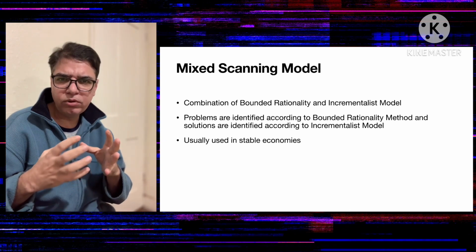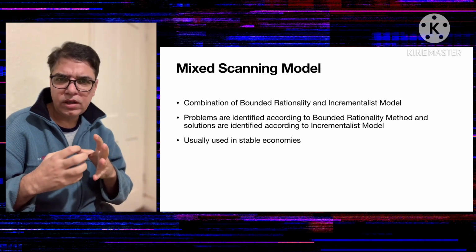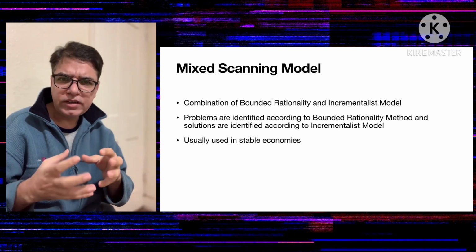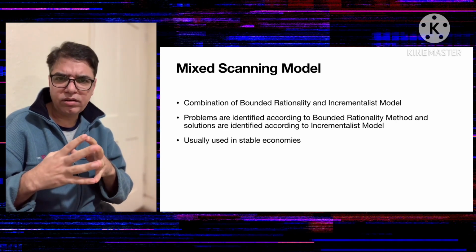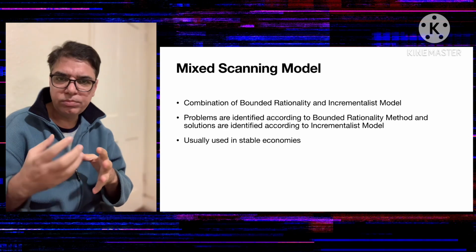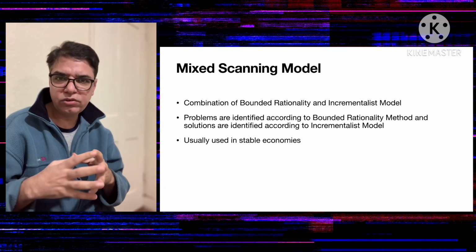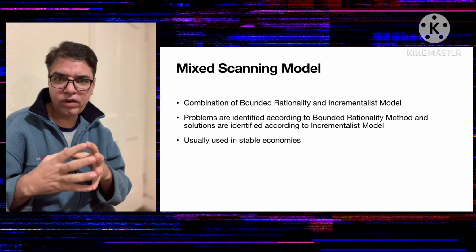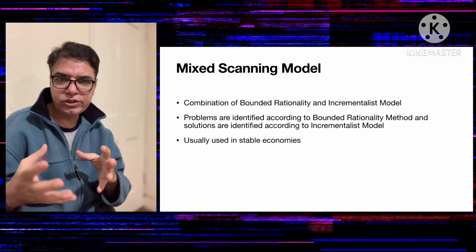There you would see that policy making is more of a research-based process, where research is done into the policy domains. There are think tanks who work on these things. So you would see that policy making is a result of either the rational or the bounded rationality models.